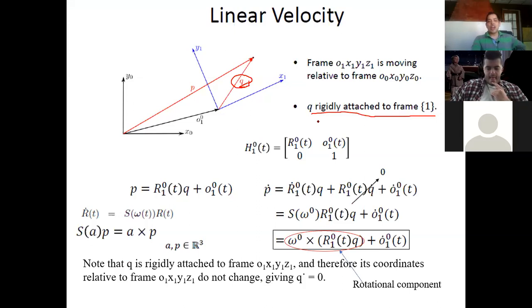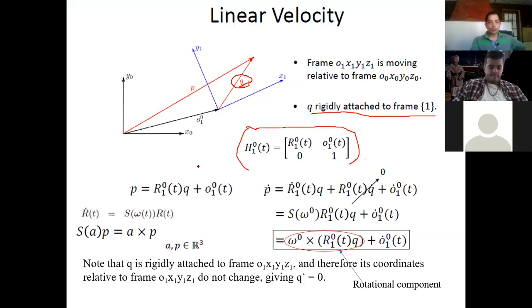Okay, now this q is rigidly attached to frame 1. This is frame 1. Okay, so now we know this, right? Homogeneous transformation. We used to call it D, but I call it O here. That's fine. So this one was D in the previous notation. Here I'm calling it O. So this is exactly the homogeneous representation.